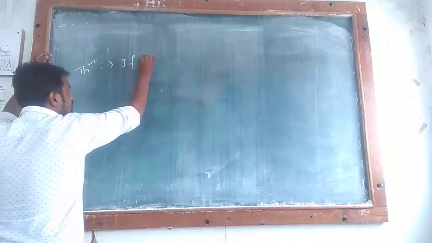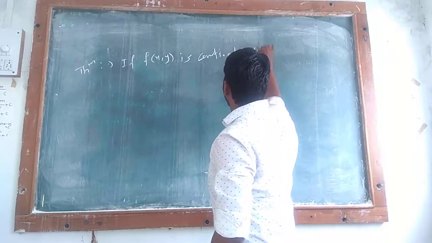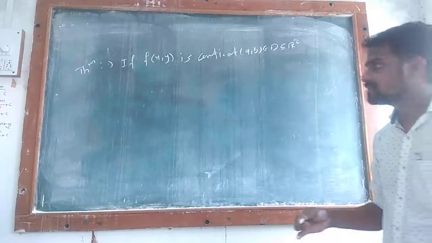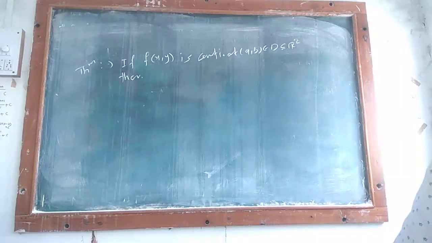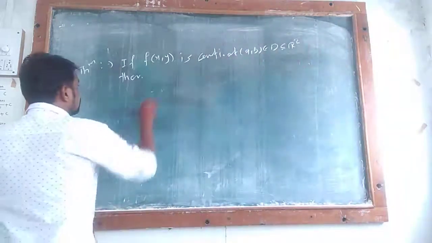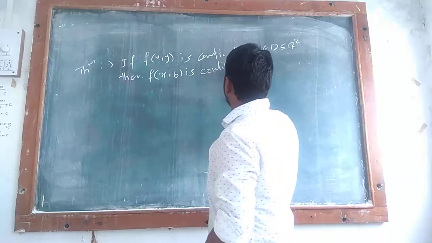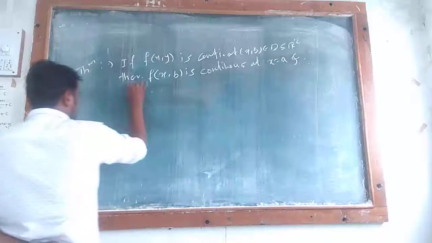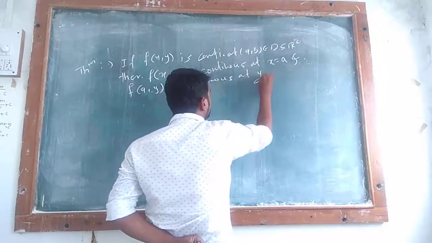Next one is the theorem. If f(x, y) is continuous at the point (a, b) belonging to D, a subset of R squared, then f(x, b) is continuous at x equal to a, and also f(a, y) is continuous at y equal to b.